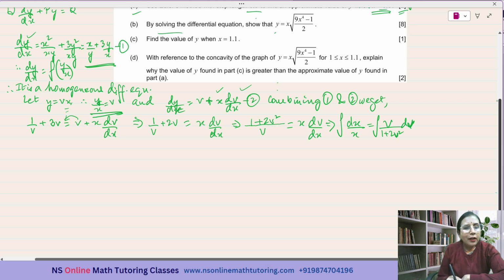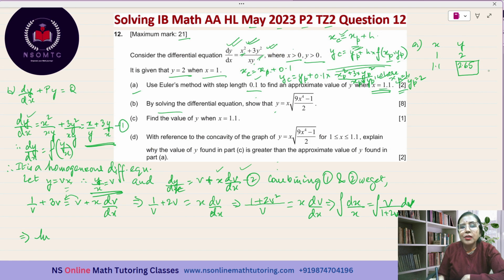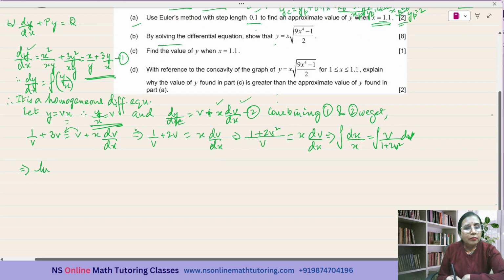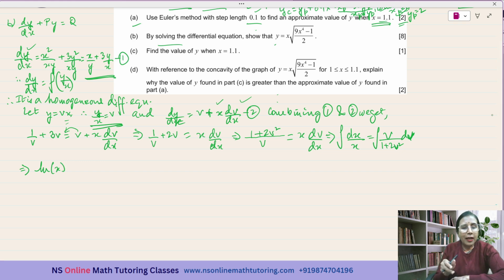The left hand side is very easy. It is ln of x, and because x is greater than 0, y is greater than 0, I'm not taking the absolute value, I'm just taking the bracket. Otherwise you should be taking the absolute value, because the integral answer is ln of the absolute value of x. You cannot have a negative number as the argument of the ln function.